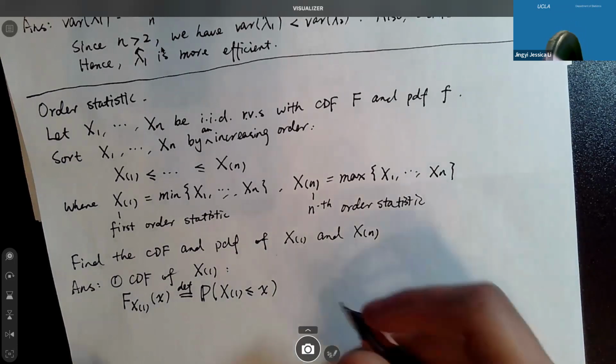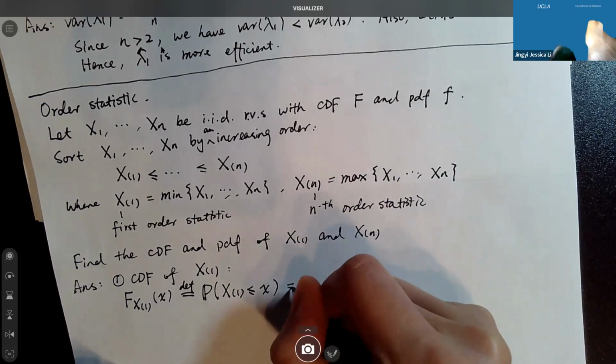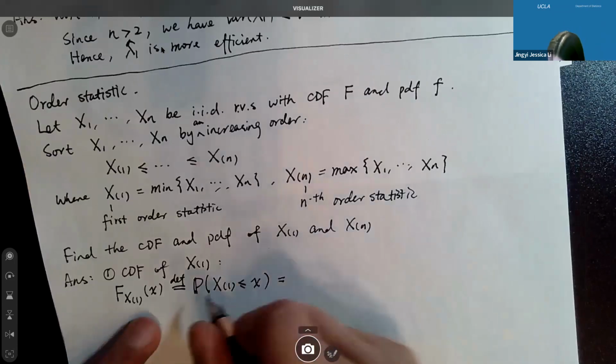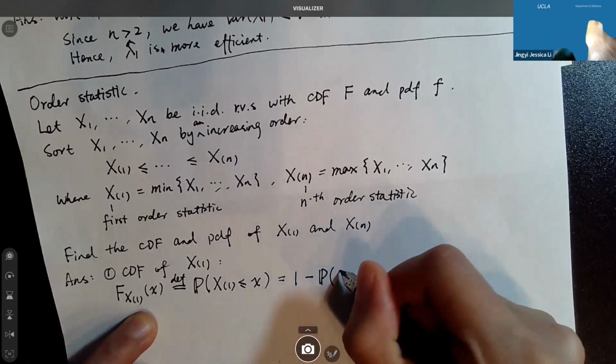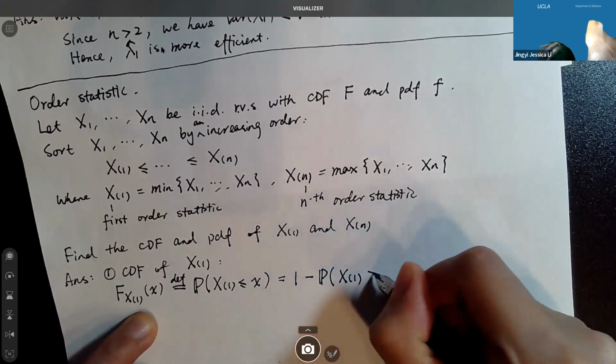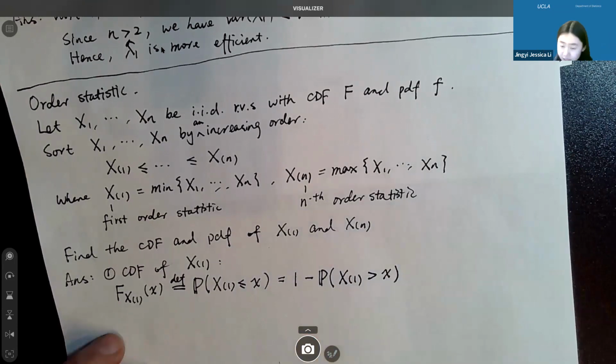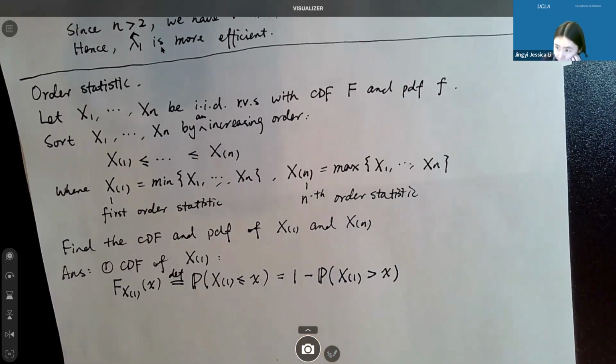But if I reverse the direction, by probability this is equal to 1 minus the probability that the minimum is larger than the constant small x, then I can say more. Because once the minimum is larger than x, it implies that every other random variable is also larger than x, right?